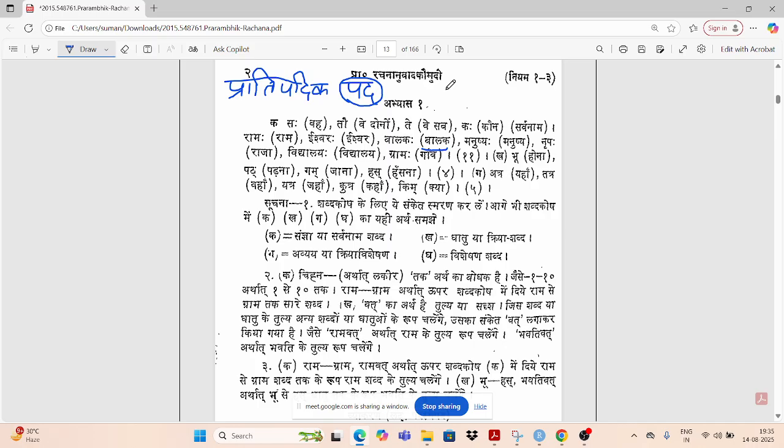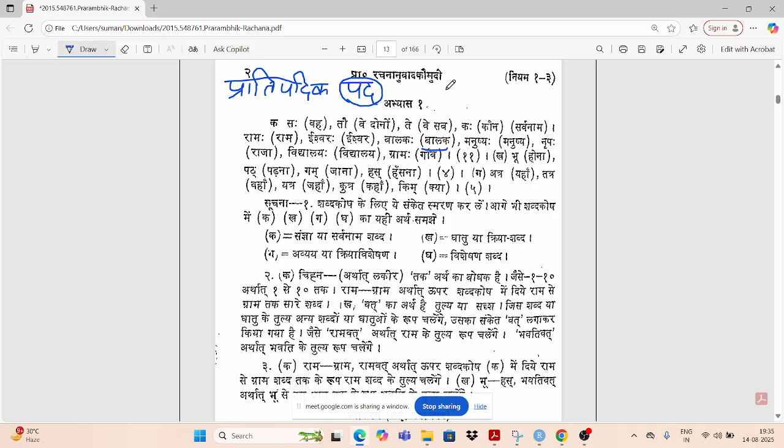So you see that the moola word, the original word Balaka, has undergone some transformation, and the transformation makes Balaka turn into Balakaha, Balakau, or something like Balake, Balakeshu. So that is the difference between a pratipadika and a pada.